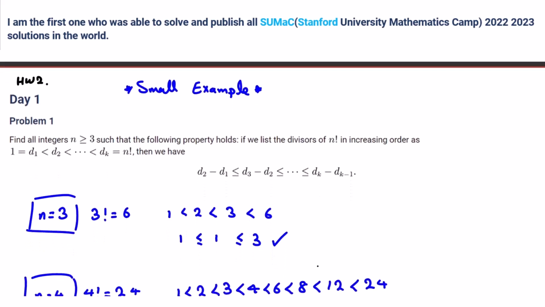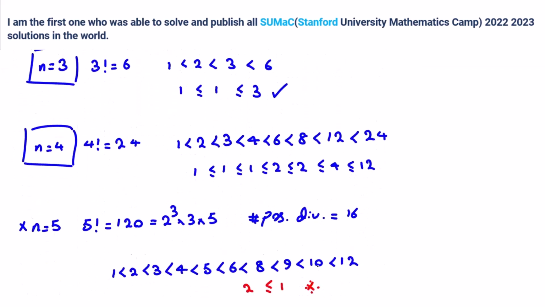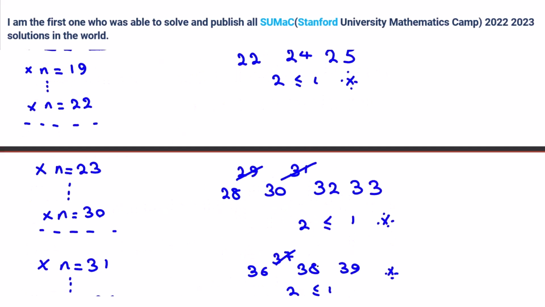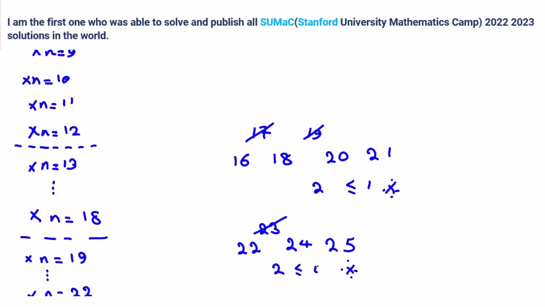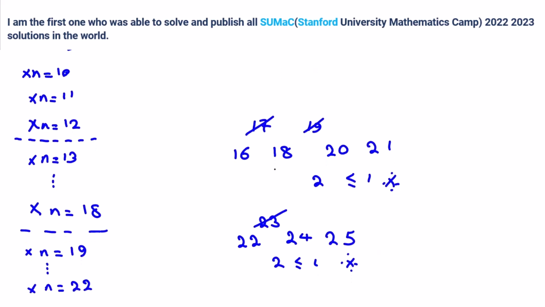Then we have n equals 3 works, n equals 4 works, n equals 5 doesn't work. And we found, for example, some primes. For example, for 13, all these numbers, we said we have 16, 17, we don't have 19, we have 18, we don't have 19, we have 20. Difference here is 2, here is 1.